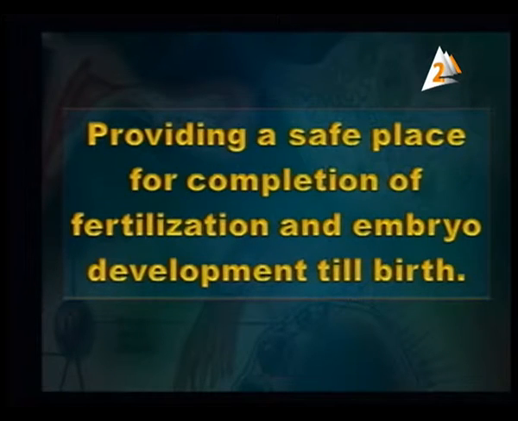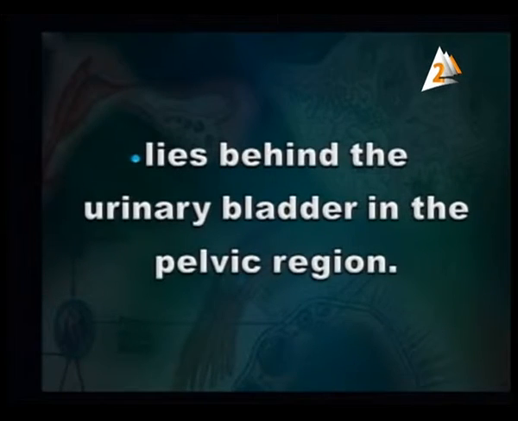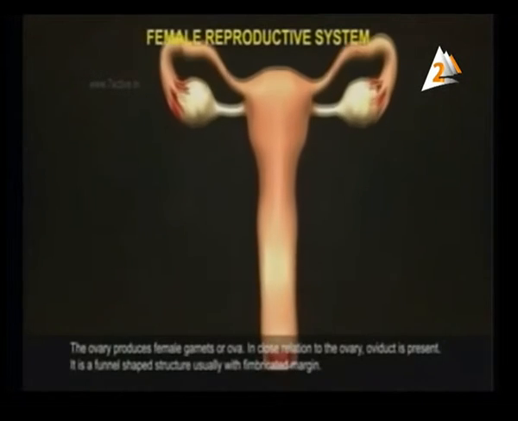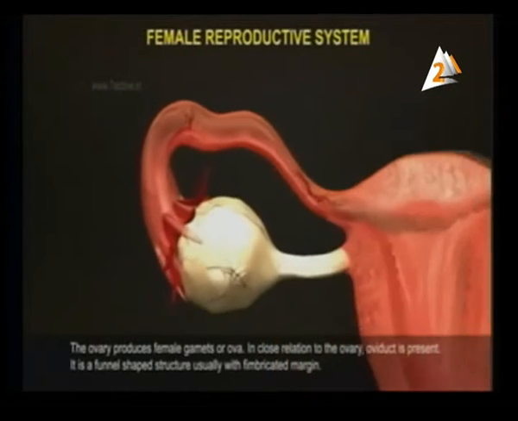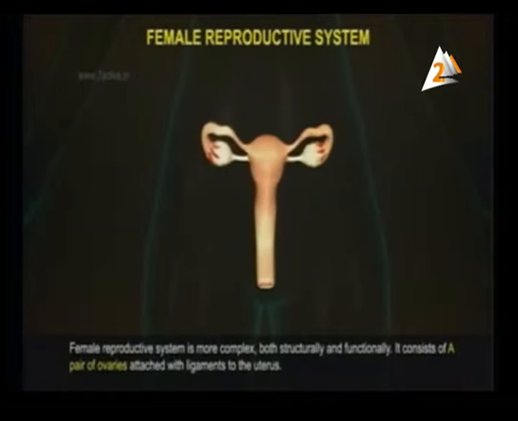The organs of this system lie behind the urinary bladder in the pelvic region. They are strongly connected in this position with elastic ligaments, which hold them in place and allow expansion during pregnancy. The position is very important, helping to protect them from all sides.